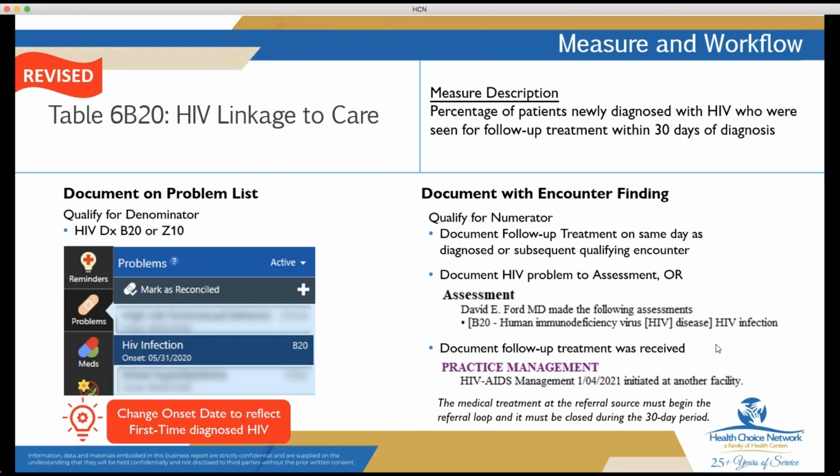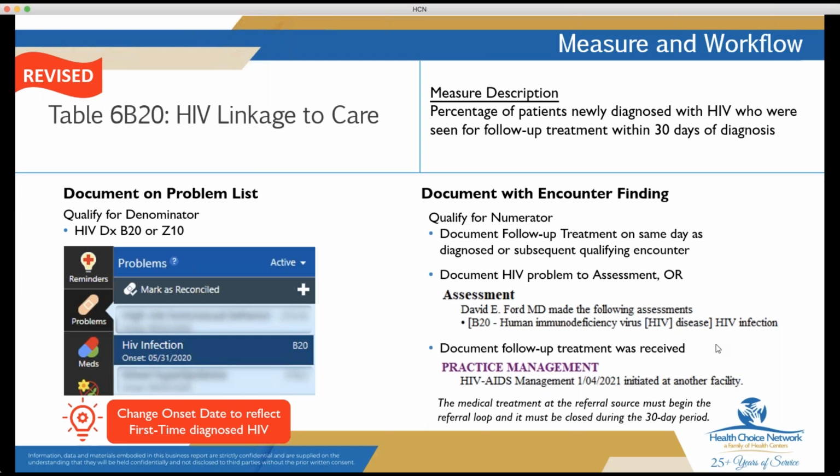For the numerator, the report will look at if the follow-up or the HIV care occurred, and it will look at the same day as the diagnosis or a subsequent visit.